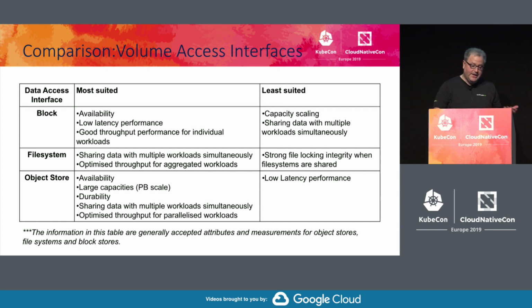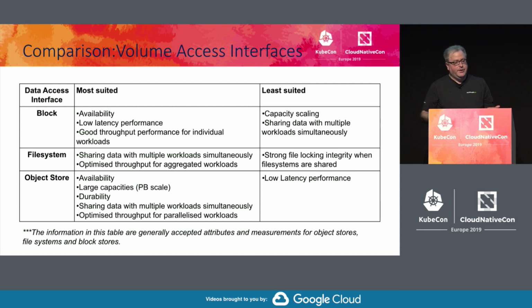In many cases, block systems are most suited for things like availability and low latency, but they're less suited to things like scaling, and they really don't do very well with sharing data with multiple workloads. Whereas file systems are great at sharing data with multiple workloads and typically very much optimized for throughput.